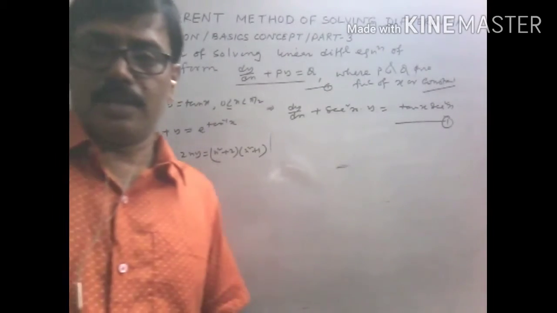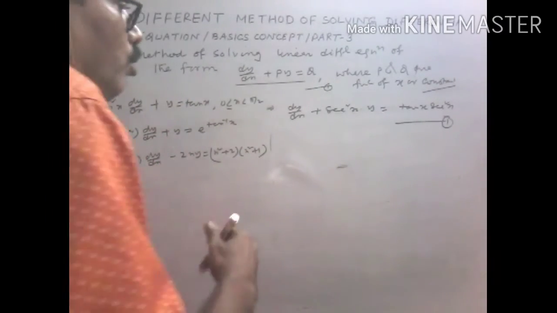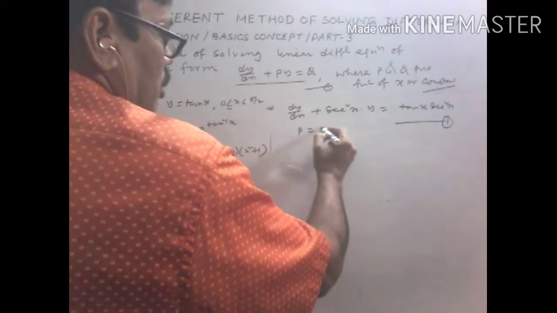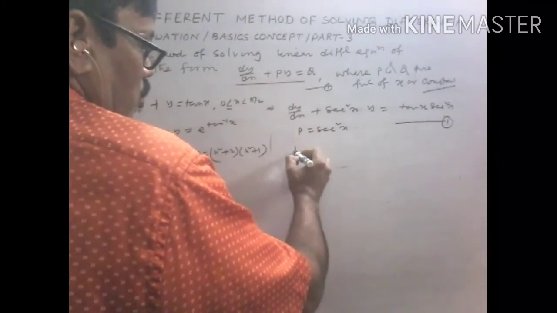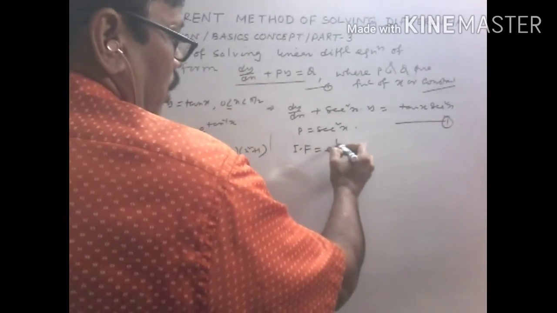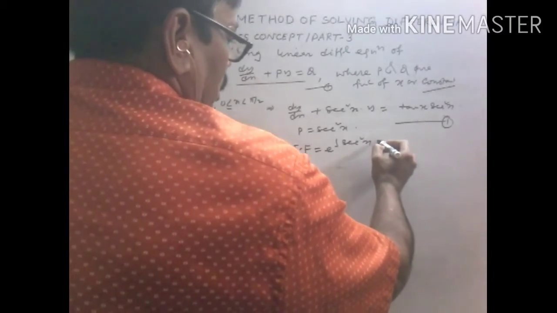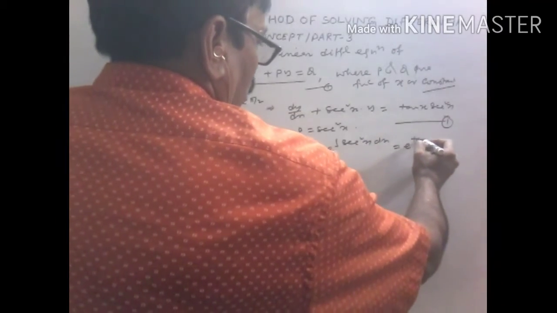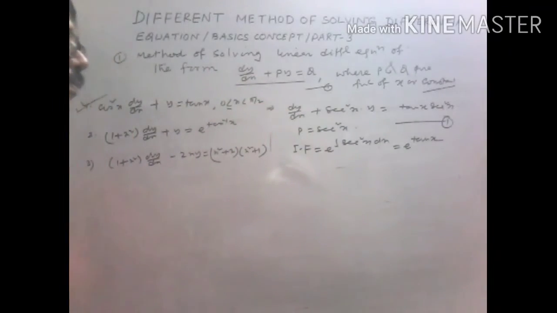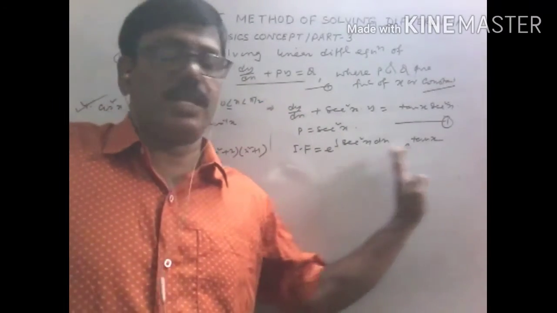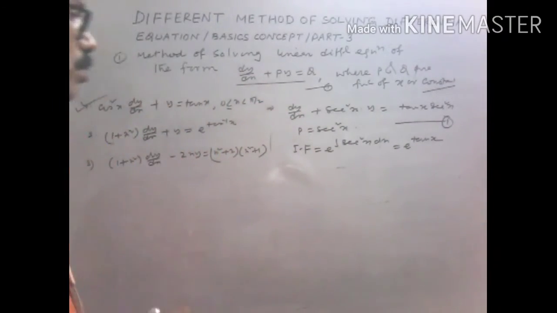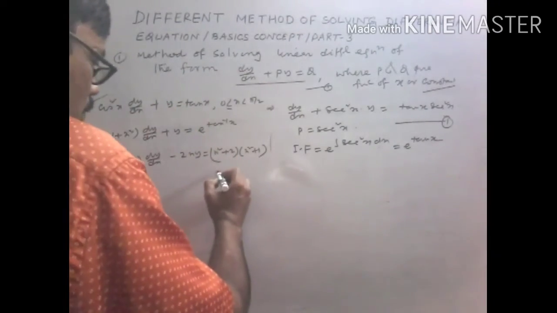Call it 1. Now what is p? p is sec square x. So the integrating factor equals e to the power integral sec square x dx, so e to the power tan x.